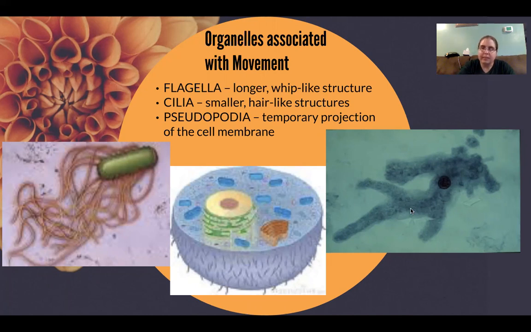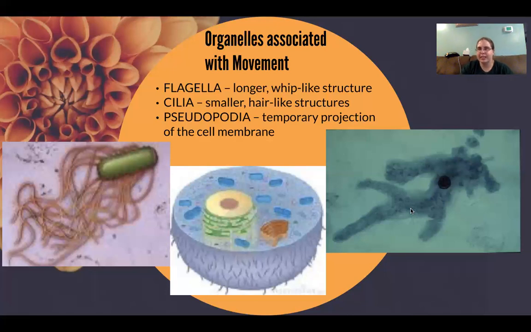Now, what that means is that if the cell wants to move, it'll actually stretch out its cell membrane so that it's farther away than it was. So it just kind of takes it and stretches it out. Then it'll stream the cytoplasm into it, and that'll cause it to move forward, and then it drags the rest of it behind it.